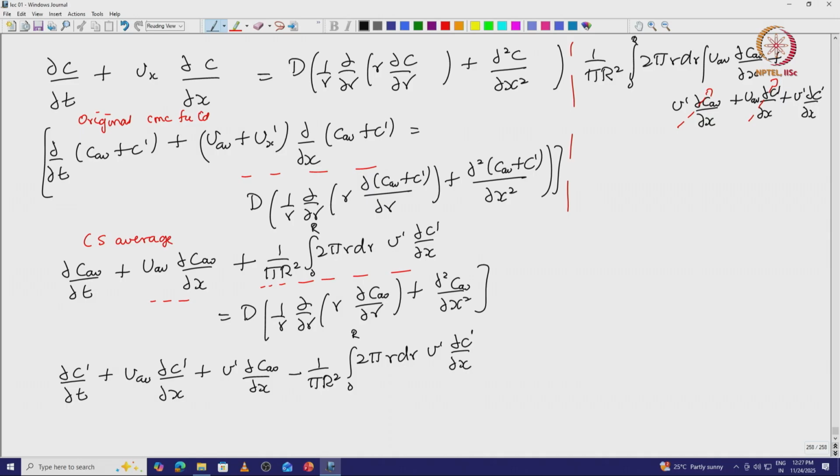And this is equal to, on the right side, D into 1 by r partial by partial r of r partial C prime by partial r plus partial square C prime by partial x square.